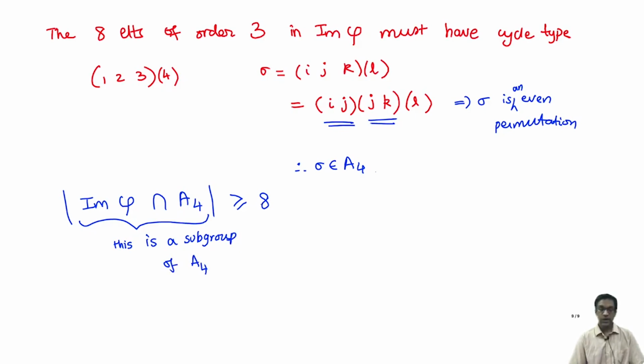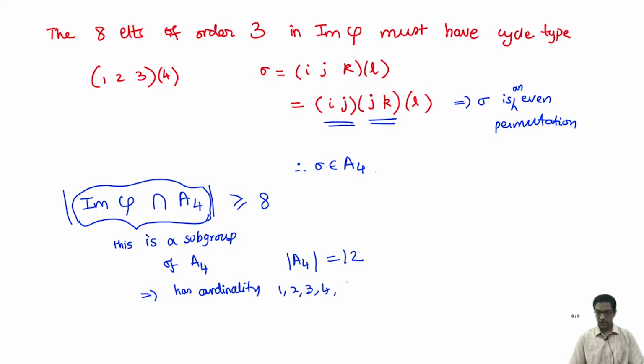It's a subgroup whose cardinality is at least 8. Now observe, A4 has cardinality 12, which means that this subgroup should have cardinality which divides 12. So it's 1, 2, 3, 4, 6 or 12. These are the only possibilities.